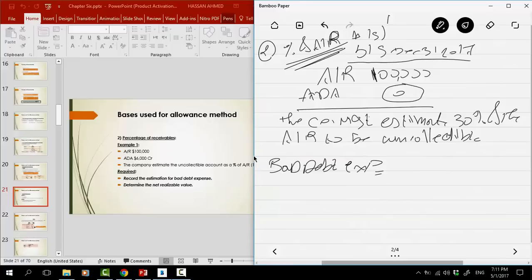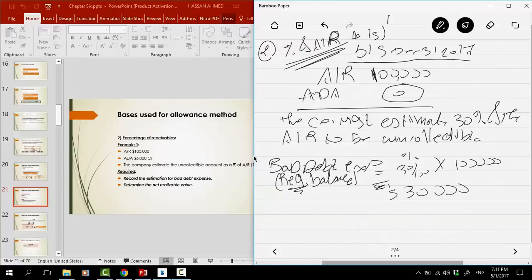For this reason, the bad debt expense in this method is called required balance. What is meant by required balance? My ending balance. This will be the final balance for the ADA. I'm expecting not to collect 30% of the accounts receivable 100. Then the amount expected not to be collected will be $30,000.